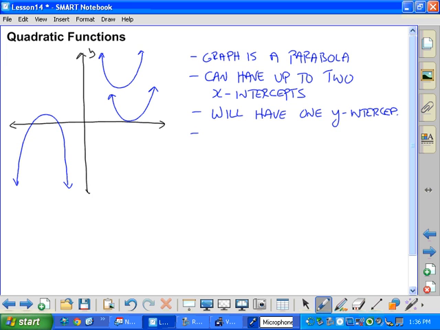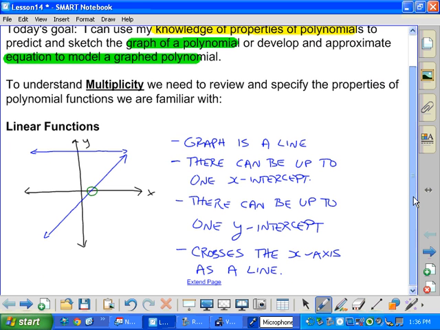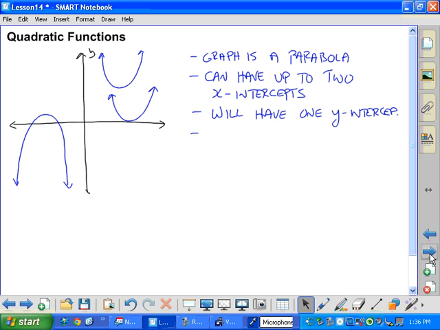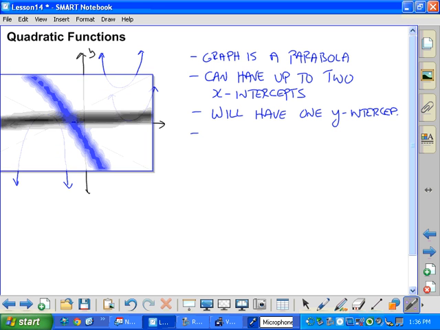All right. Keeping with the other one, the fourth point was crosses the x-axis as a line. Well, how would you describe how it crosses here and here, and that's if we zoom in. Actually, I can zoom in. If I make a box, there we go.